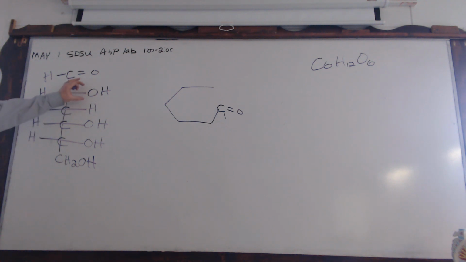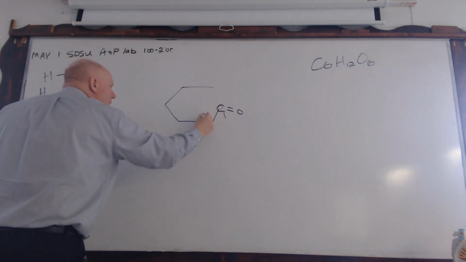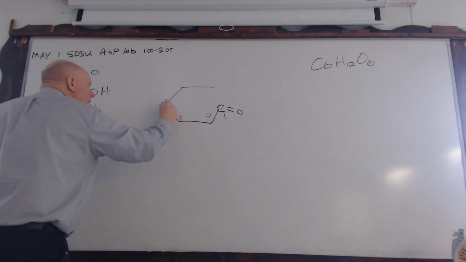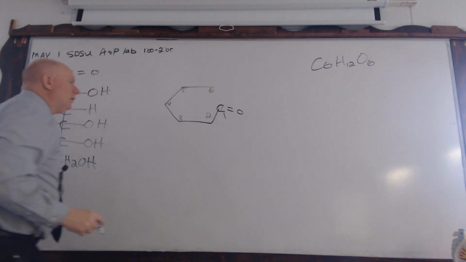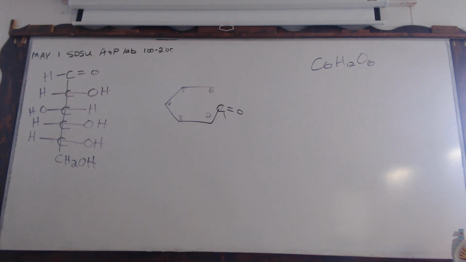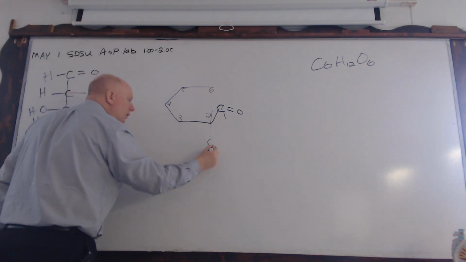Then when OH molecules are on the right-hand side, that means they're pointed down in the 3-dimensional structure. So here's carbon 1. Since carbon number 2 has an OH on the right-hand side, that means it goes down.